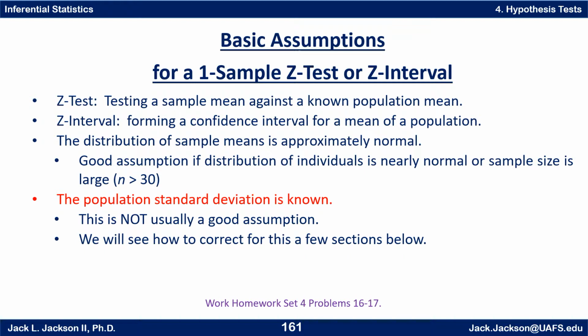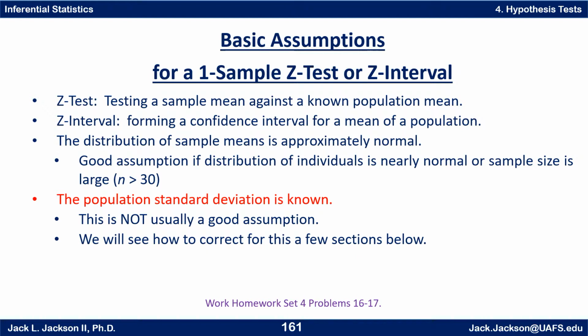So what are the basic assumptions for what we did here, a one-sample z-test, or earlier in the videos, a one-sample z-interval? Well, for a z-test, we're testing a sample mean against a known population mean. For a z-interval, we're forming a confidence interval for the unknown mean of a population. In both cases, the distribution of sample means has to be approximately normal.